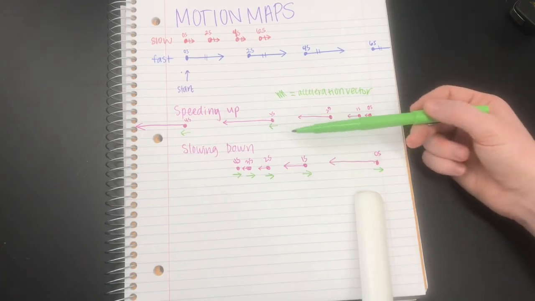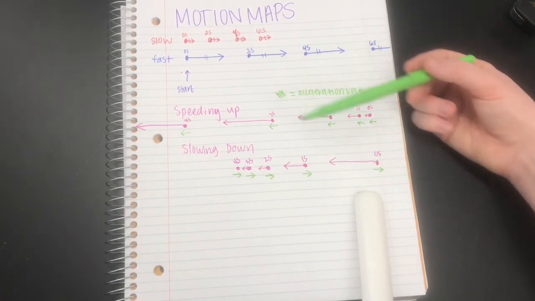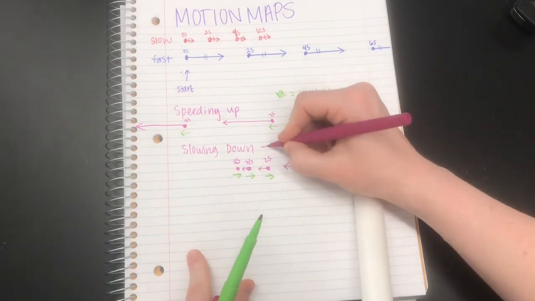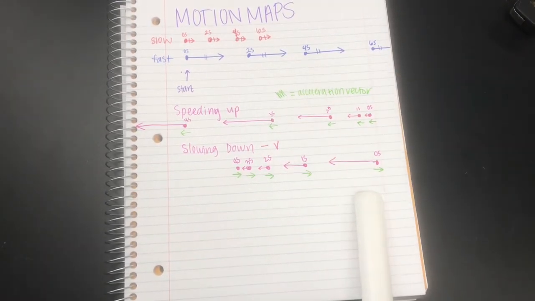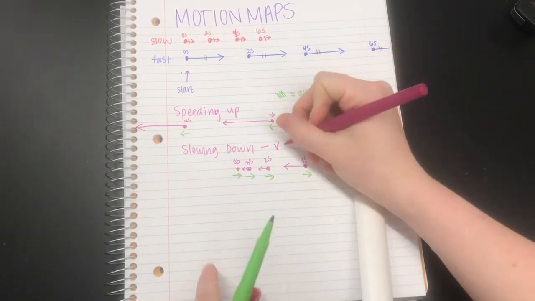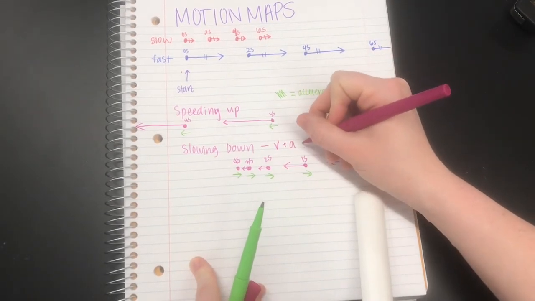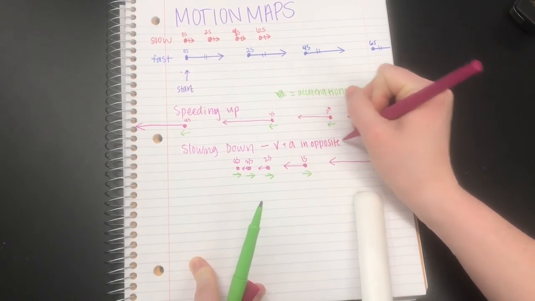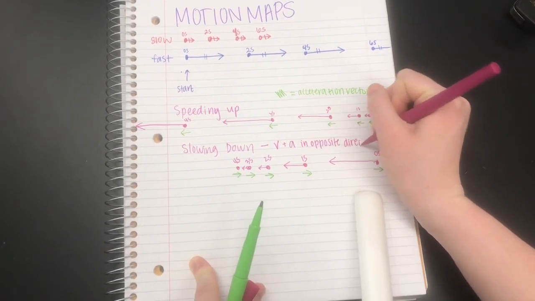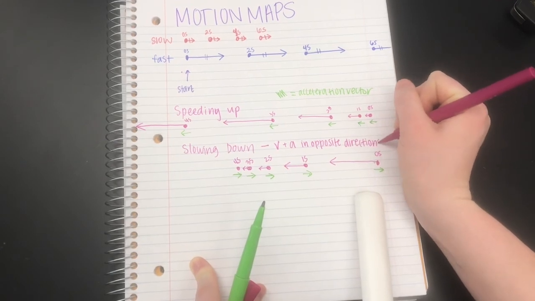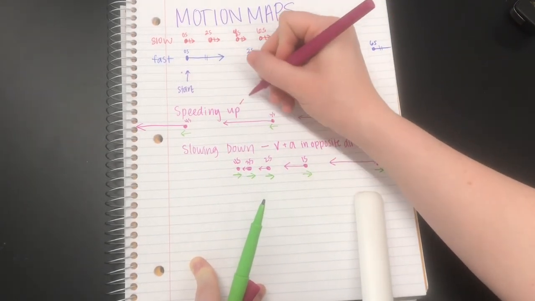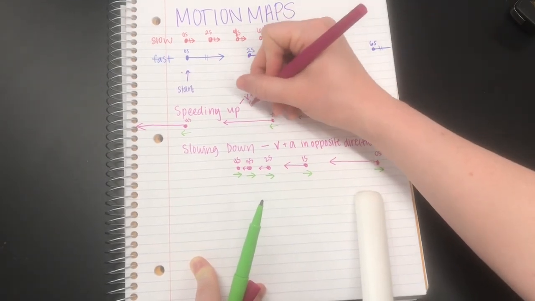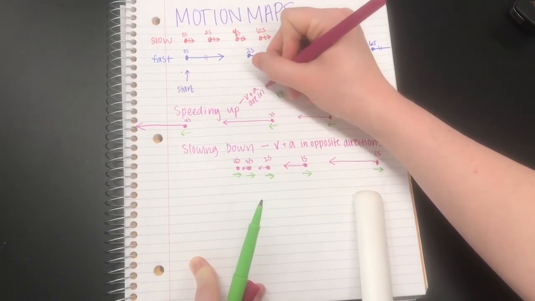So when we're slowing down, we can see this pattern of velocity and acceleration in opposite directions. And with speeding up, velocity and acceleration are in the same direction.